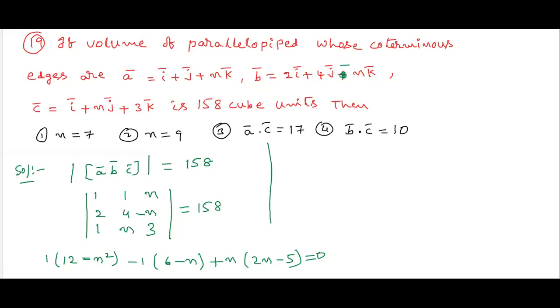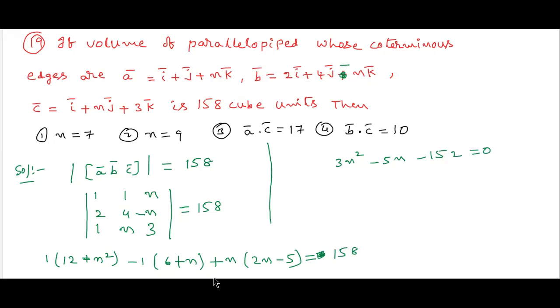Now this is plus, remaining same. Now do the calculation. Finally, what do we get? So that is 3n square minus 5n minus 152. 152? No. I have written a mistake here. This is 158. Then we get 152, right?